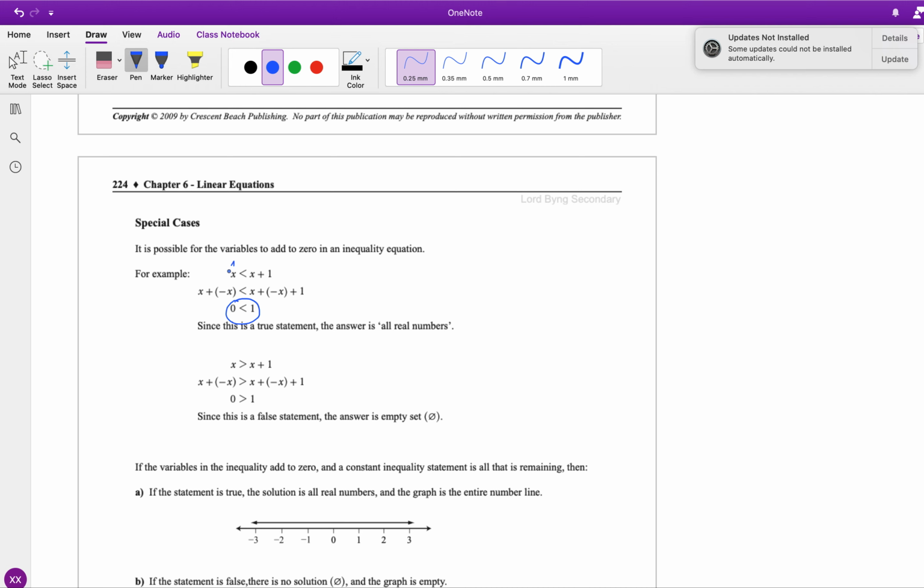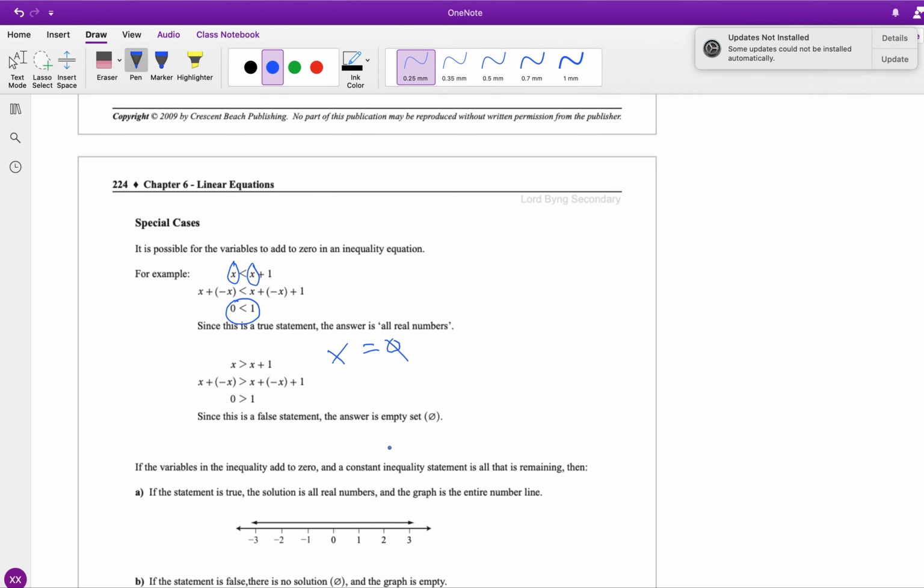This means x could be any number. This will remain true. However, can this be true? X is larger than x plus 1. It cannot be true because in the end, you get 0 is larger than 1. That means there's no solution.